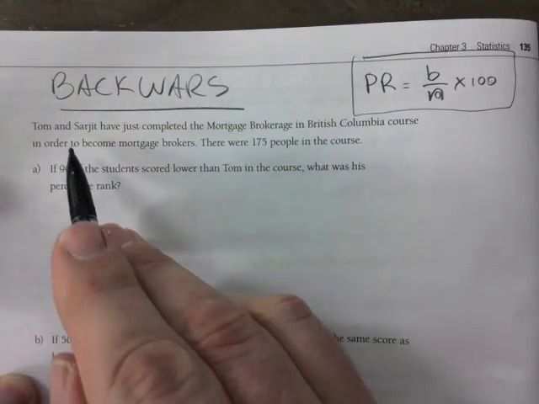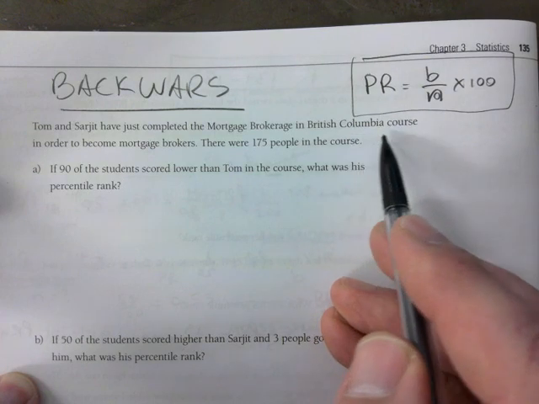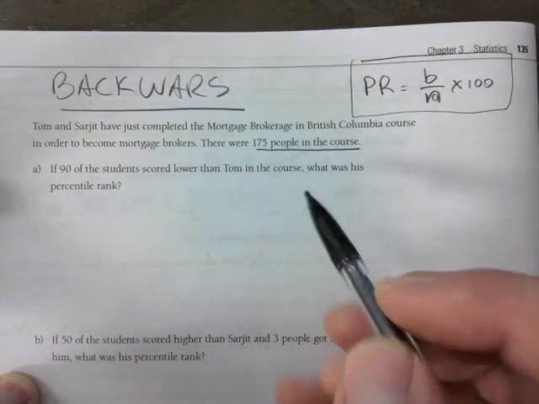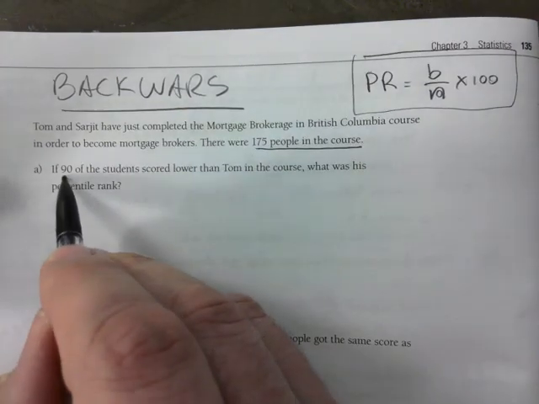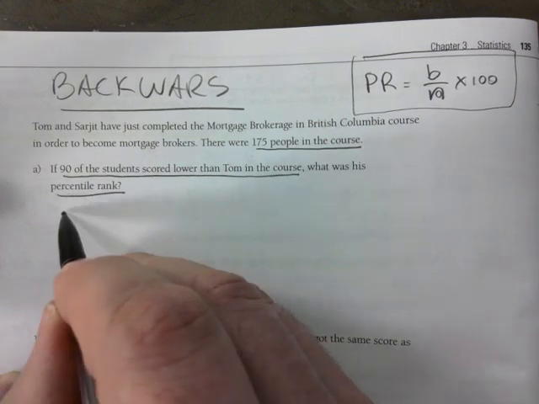Tom and Sarjeet have just completed the mortgage brokerage in British Columbia course. There are 175 people in this course, very important. If 90 of the students scored lower than Tom in the course, what's the percentile rank? Not a big deal.